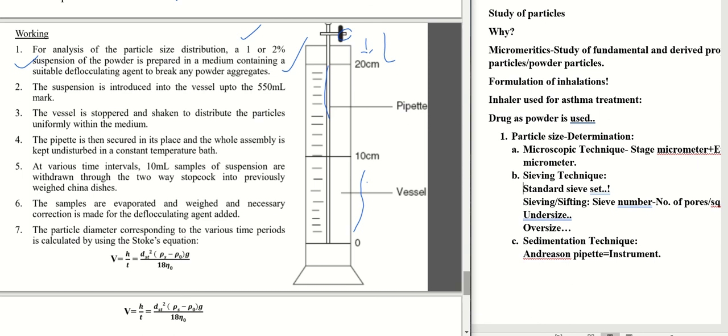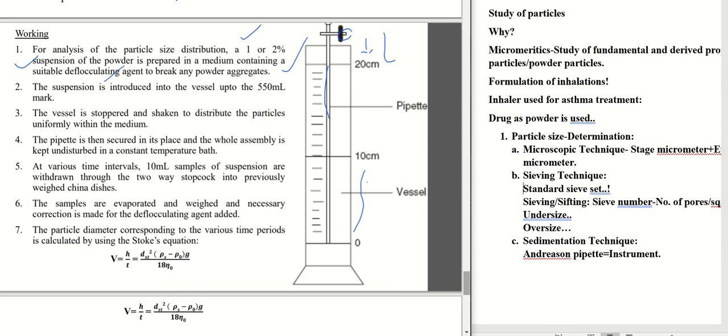We should make sure that the suspension is deflocculated because it should remain as individual particles. Then only can we determine the individual particle characteristics. So the medium we select should include a deflocculating agent.